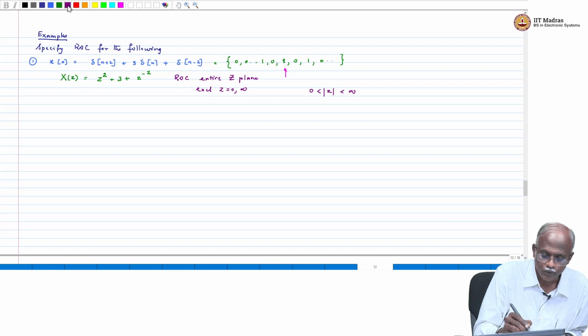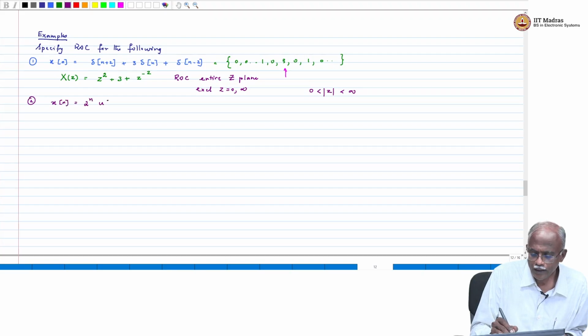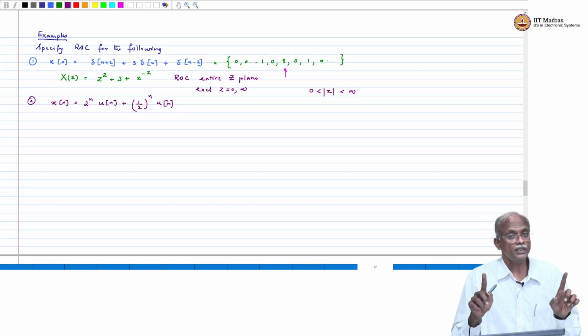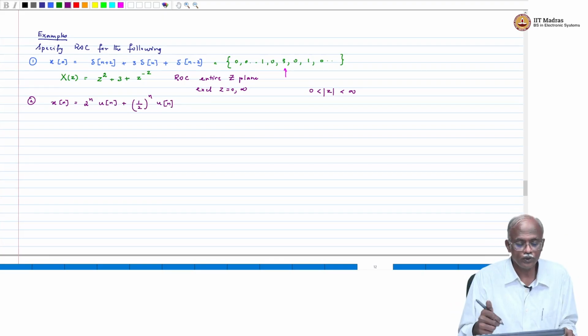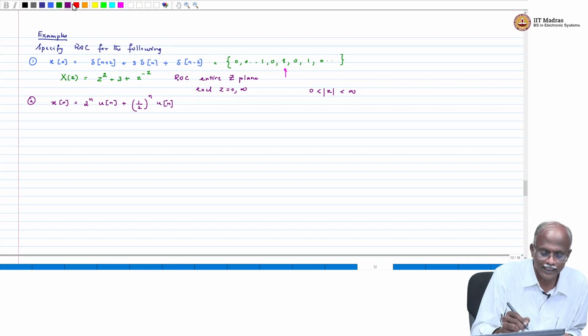Okay, example number 2. X of n is equal to 2 power n u of n plus half power n u of n. Remember, two terms, you will get region of convergence for both, and you must look at the intersection of the regions of convergence.